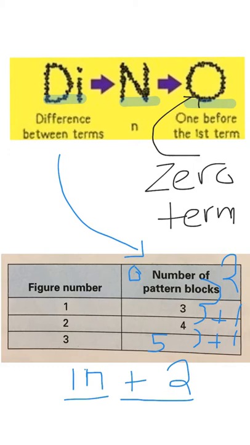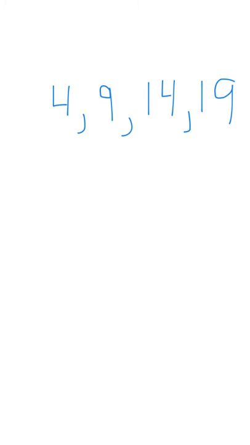Okay, let's practice. So if this was my sequence, 4, 9, 14, 19. So this is the first term, this is the second term, third term, and fourth term. So I'm going to see what the difference is, DI, first, right?